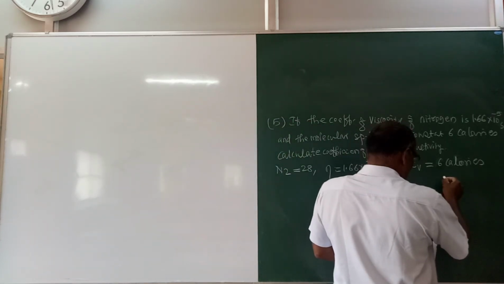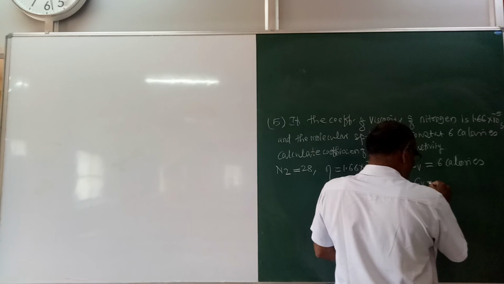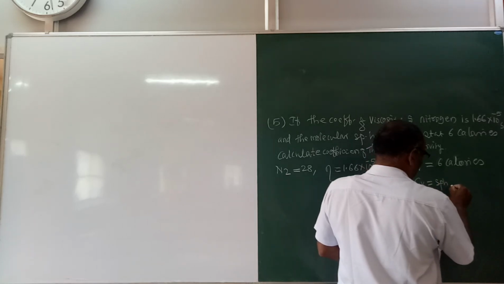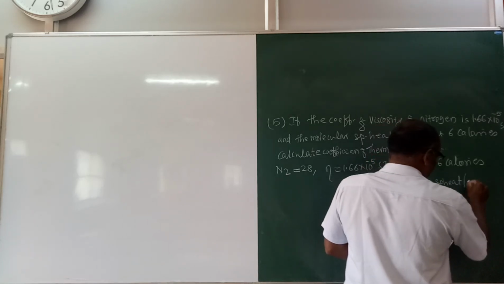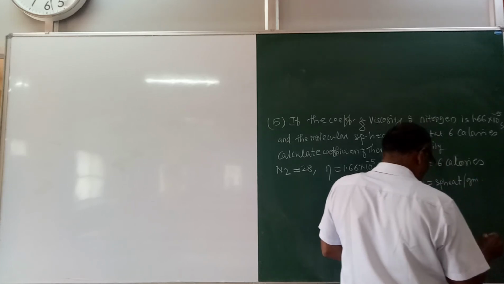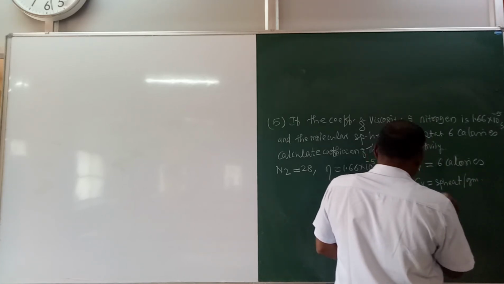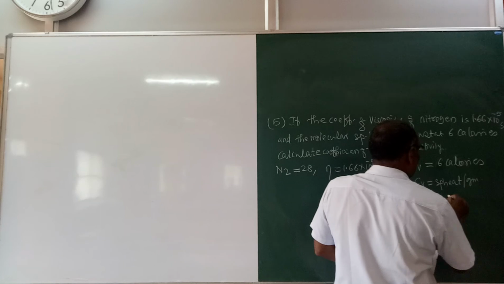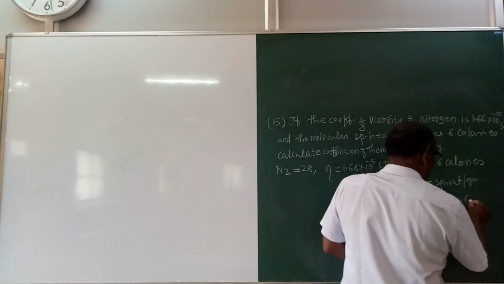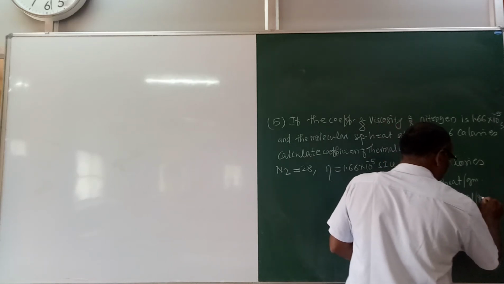So this is CV, specific heat per gram, that is molecular weight 6 by 28 calories per gram.